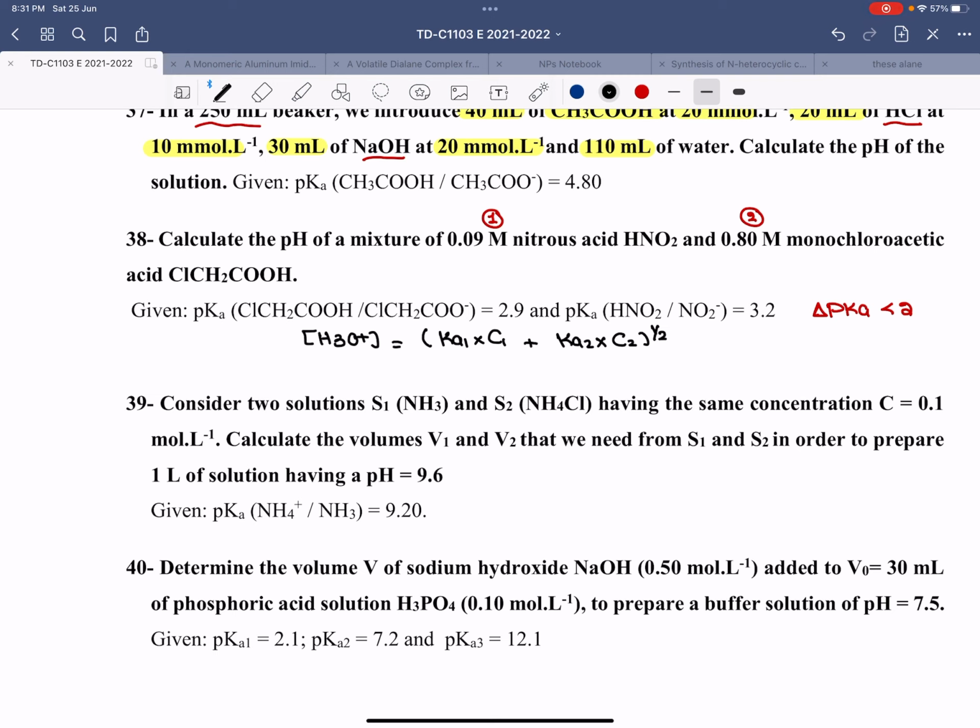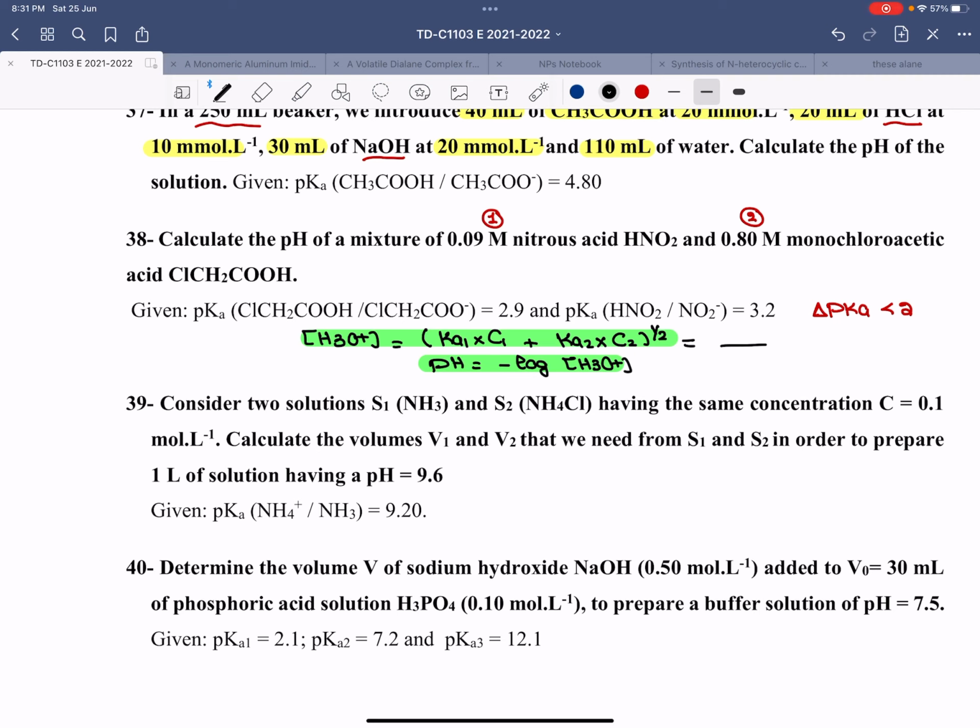Remember this rule. You find this H3O plus and then you find the pH, which is negative log H3O plus. Very simple. This is what you do if the rule Ka1 greater than 100 Ka2 is not satisfied, meaning delta pKa is less than 2 instead of greater than 2.